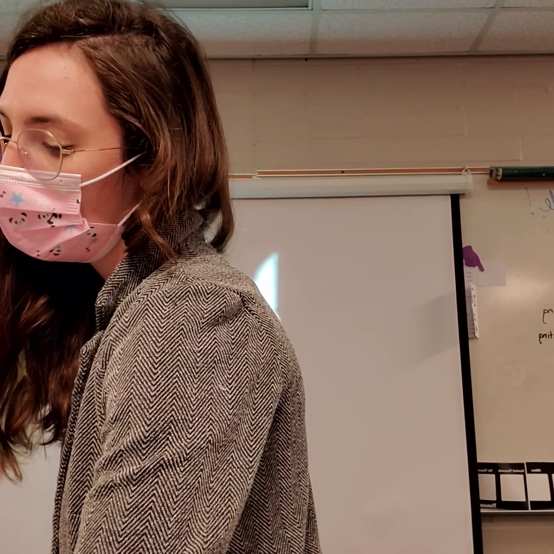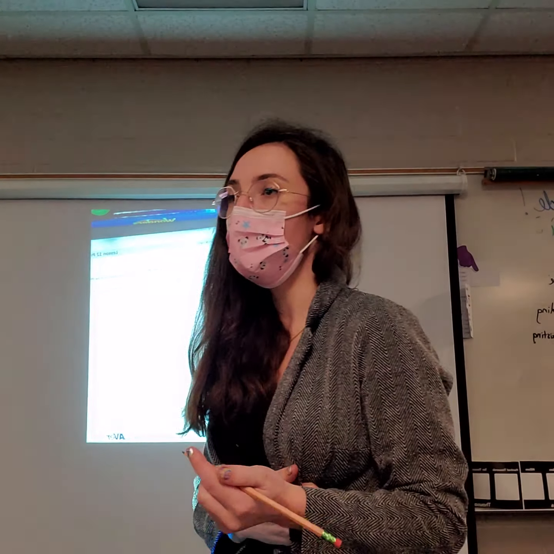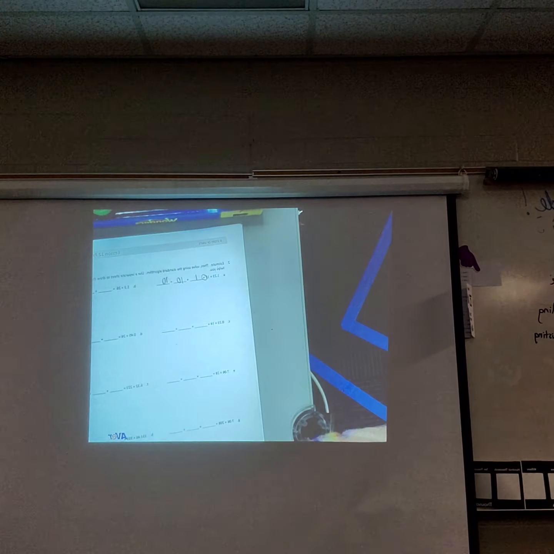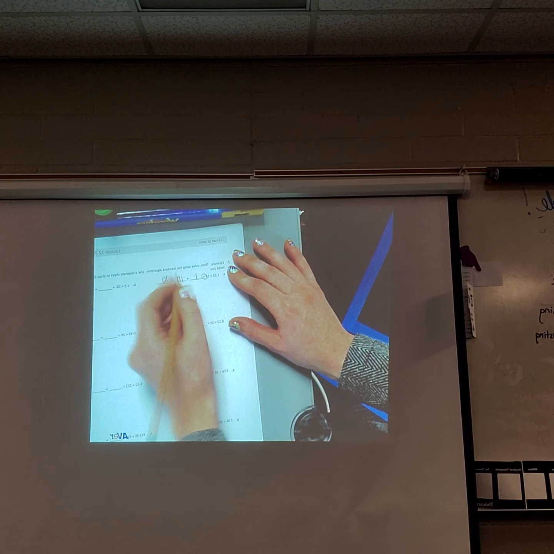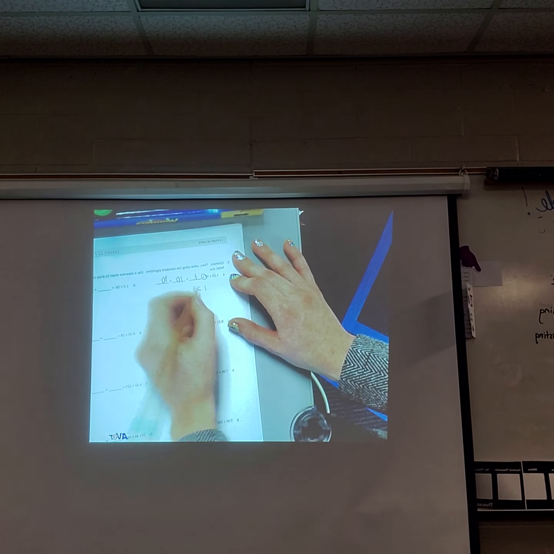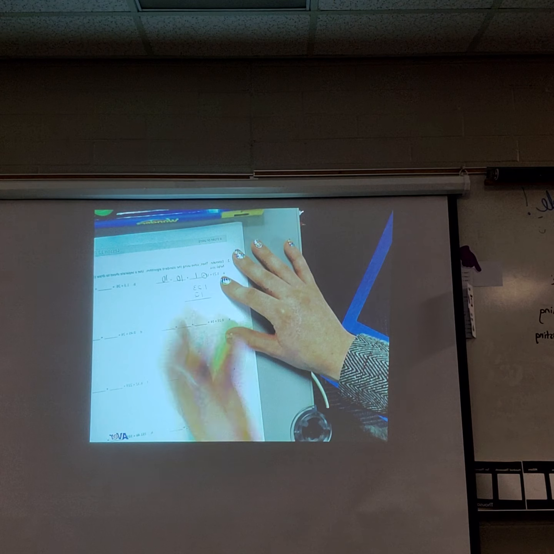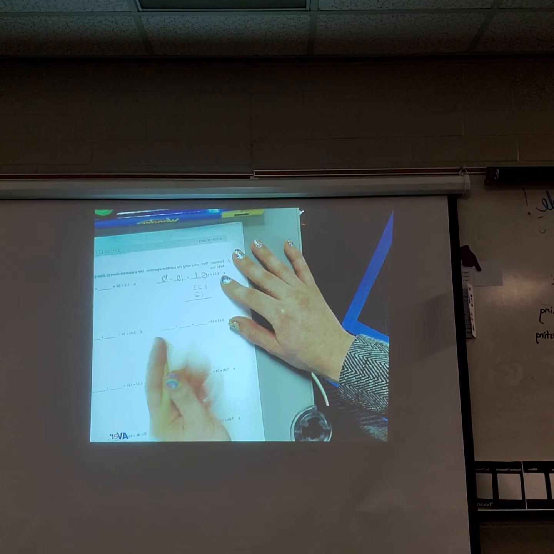Okay, now we're going to use our standard algorithm to get our precise product. So we stack them vertically, and we begin multiplying our bottom 2 digits by every place value on top.